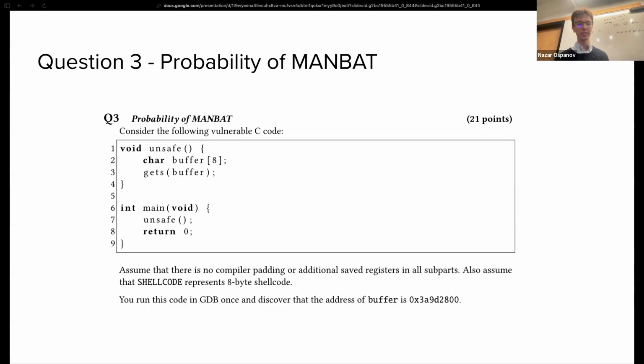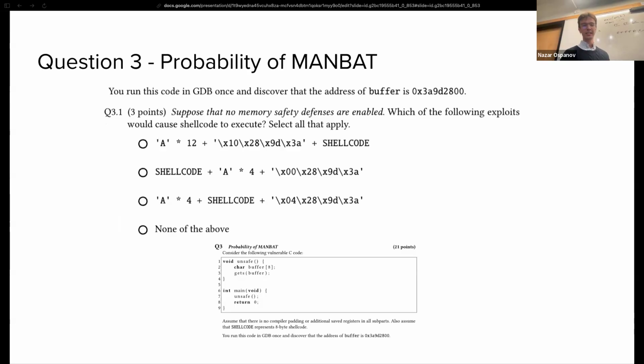You run this code in GDB once and discover that the address of buffer is 0x3A9D2800. First, suppose that there are no memory safety defenses enabled. Which of the following exploits would cause shellcode to execute? Select all that apply. I'll give you a minute and a half to think about it, and then we can recap.